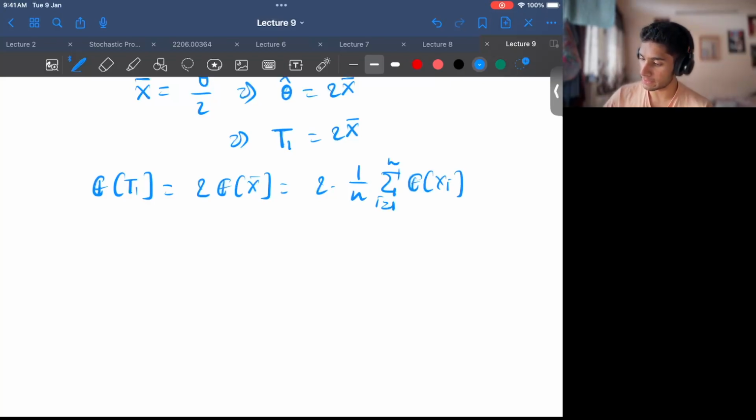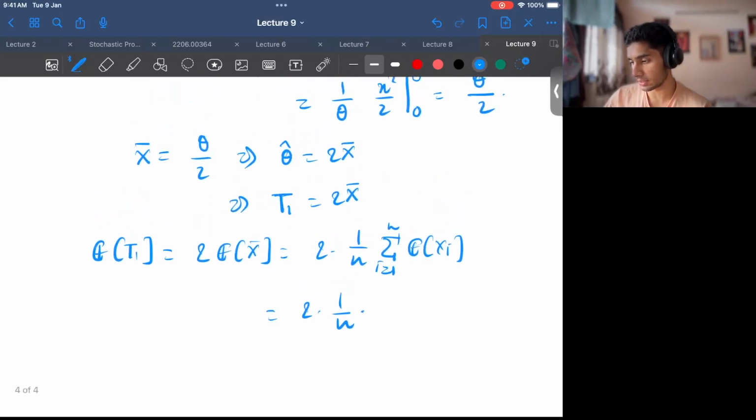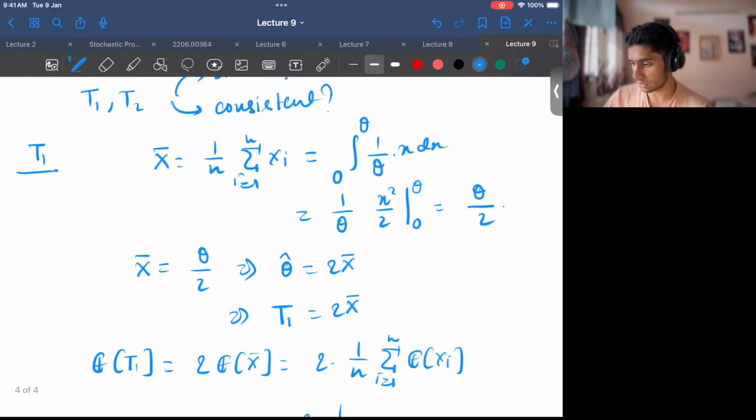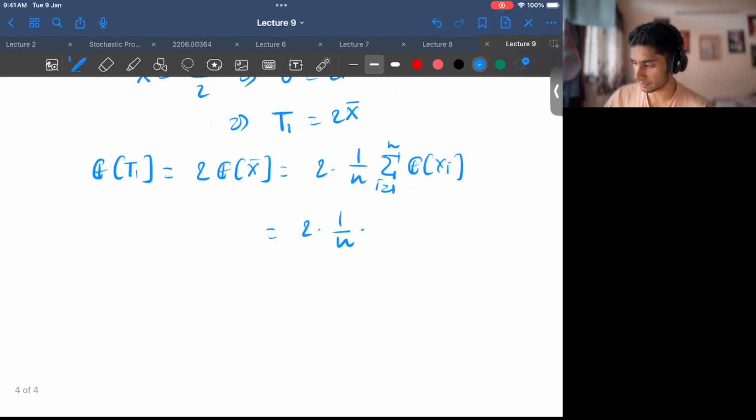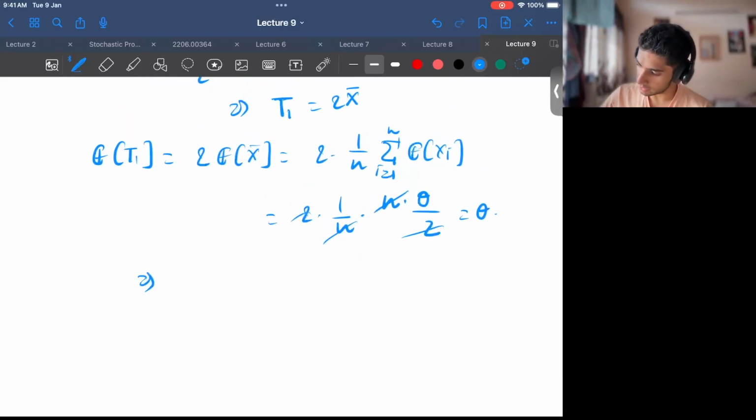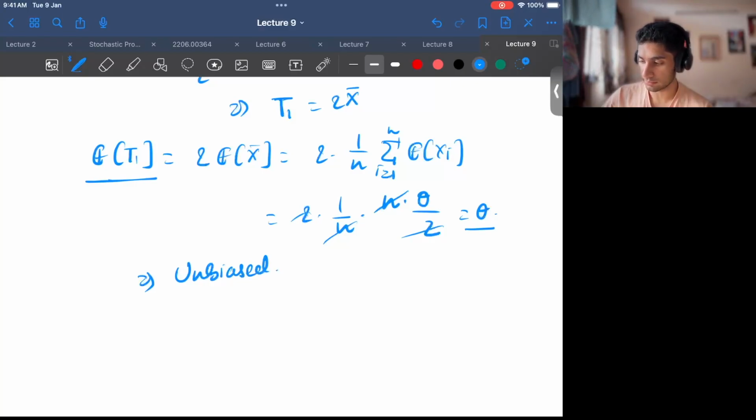These are all IID, and the expected value of xi, as we saw, is theta by 2. Since n of them are being summed, it is n times theta by 2. So n gets cancelled, 2 gets cancelled, and this is equal to theta. So the expected value of T1 is equal to theta. That means it's unbiased, because that is what we needed.